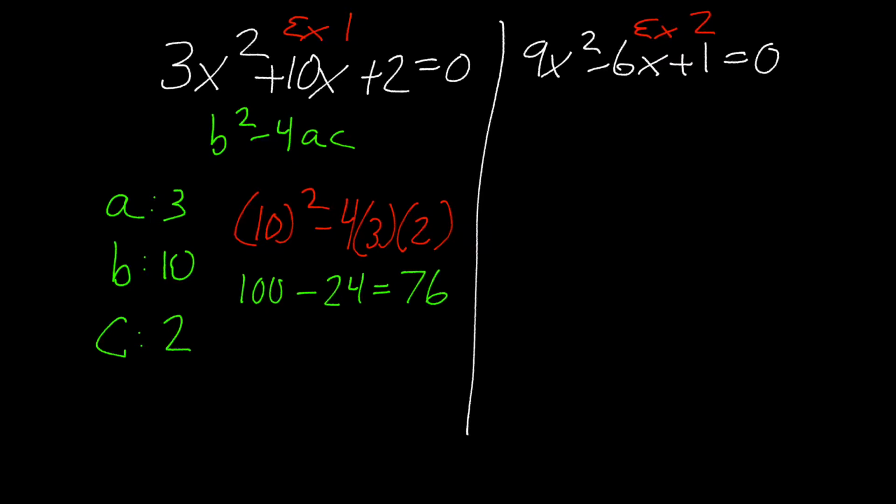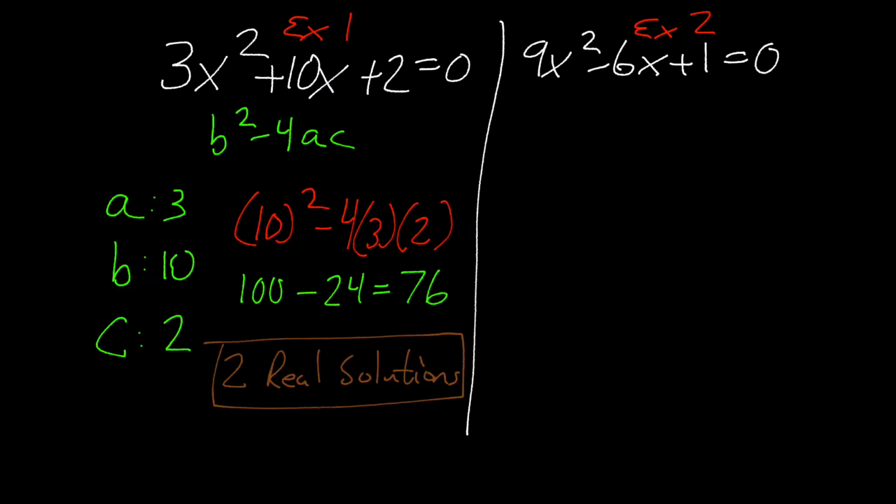It's a positive number. So since this is a positive number, we have two real solutions. And there's our answer. We're done. Not too bad. Just plugging it into the discriminant part of the quadratic formula, evaluating it, getting our number, and then examining the number to be positive, negative, or 0.